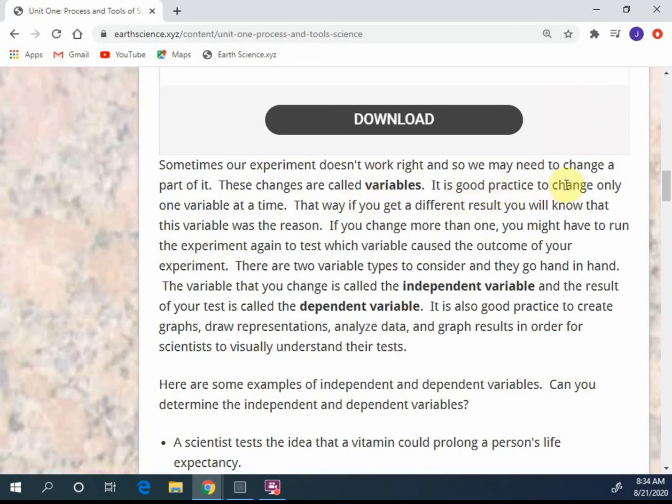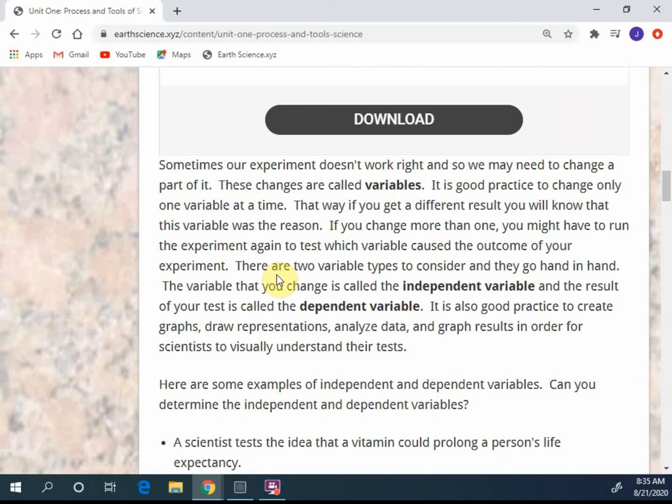So again, it's a very good practice to only change one at a time. If you change multiple variables at a time, you will run into multiple outcomes on your experiment and not know what was the cause of either being successful or not successful in your hypothesis being tested.